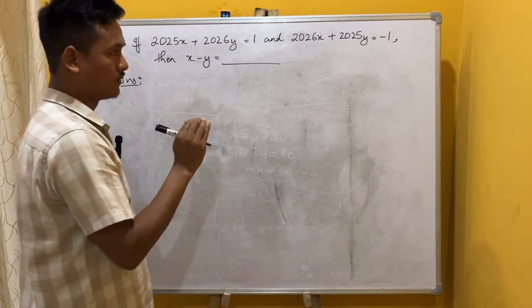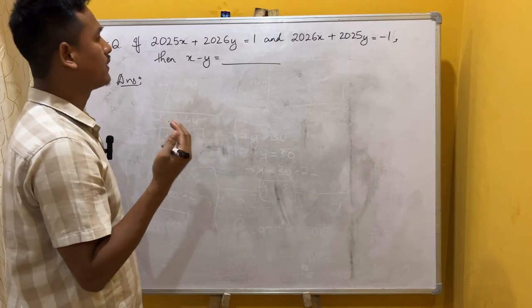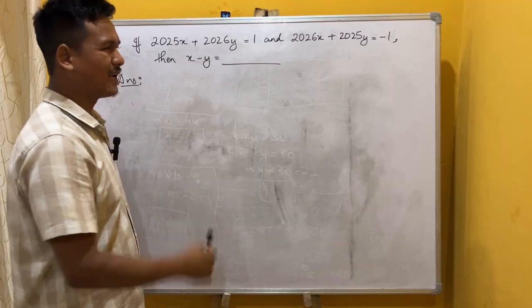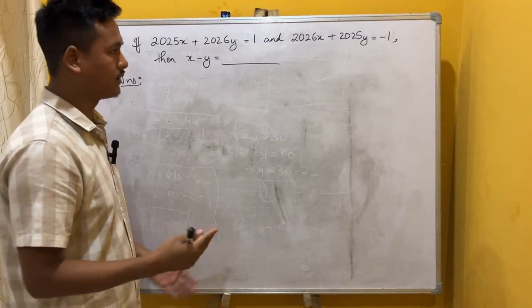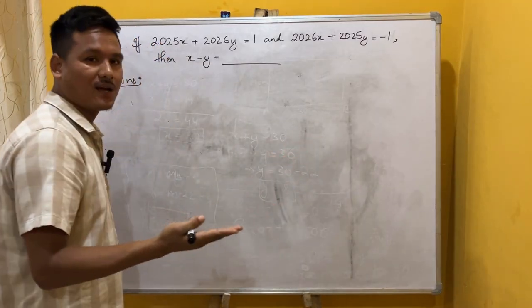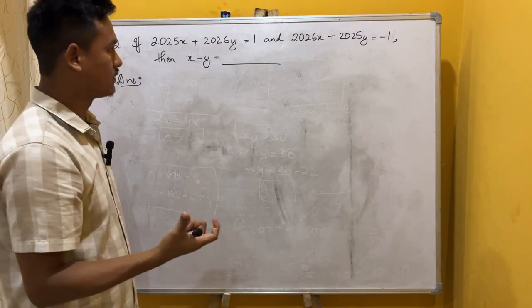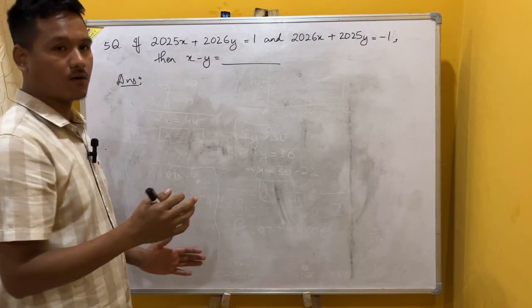A pattern follows. Usually what comes to our head is to solve the pair by elimination or substitution method, find x and y individually and then subtract them. That is also correct, but it will take a lot of time.